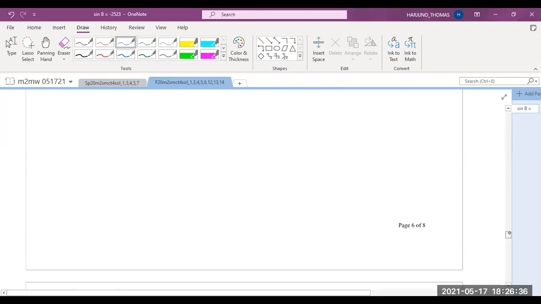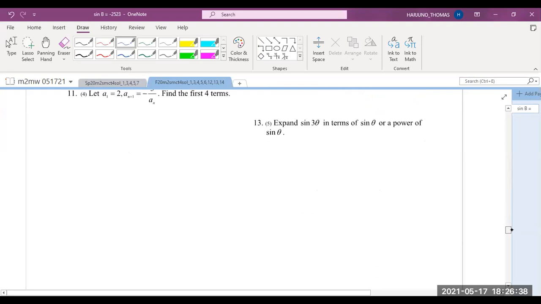Where's my number 13? Oh, number 13 here. Expand sine 3 theta in terms of sine theta, or powers of sine. Basically, we do not want double angle. We don't want multiple angles, but we are okay with powers of sine.